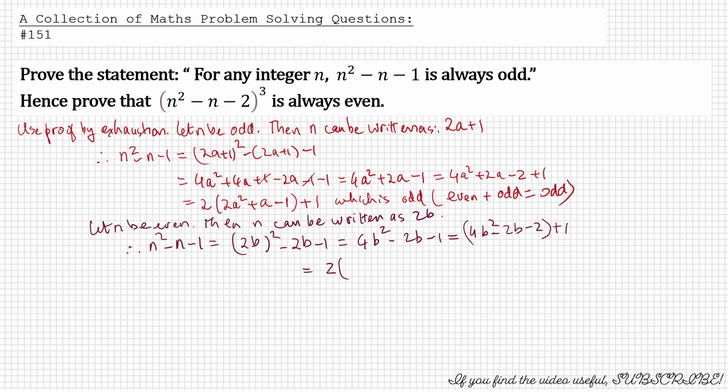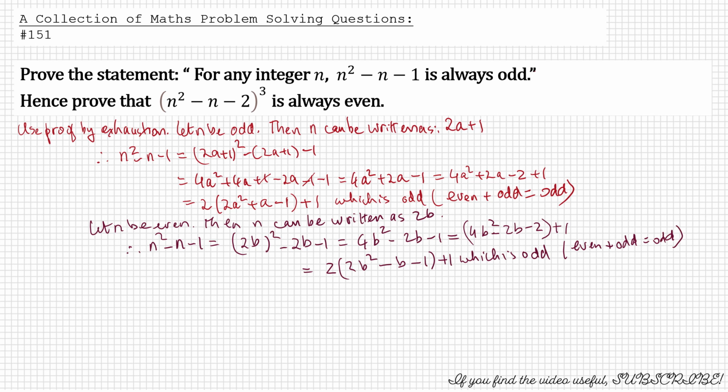So if we have this, we have 2 outside, that would be 2b square minus b minus 1. So I'll make it 4b square minus 2b. Yes, that's right. And then I do a plus 1. So it means again which is odd. So once again it's even plus odd equals odd.